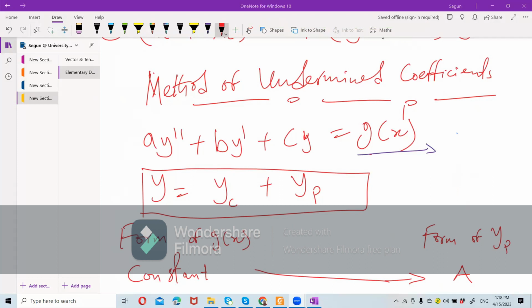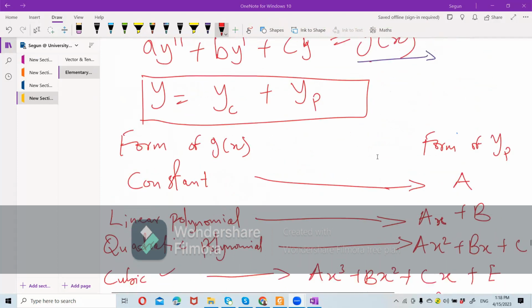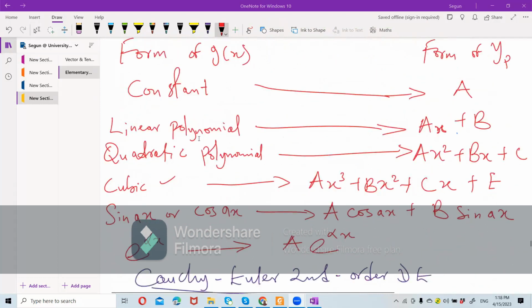So we have different forms when g of x is not equal to 0. It can be constant, linear, quadratic, cubic or polynomial, a trig function, or an exponential function. We've solved the one with constants. When g of x is linear, we've solved it.